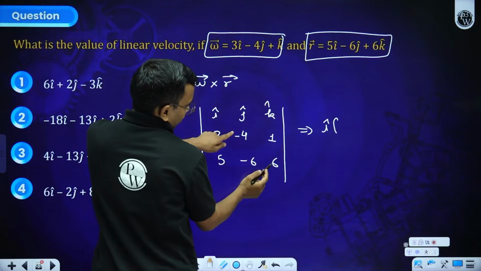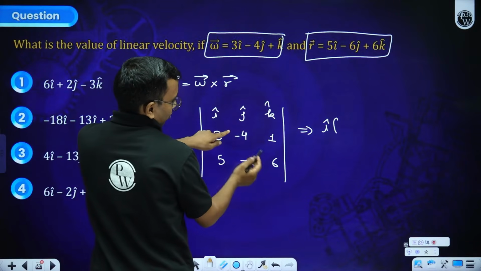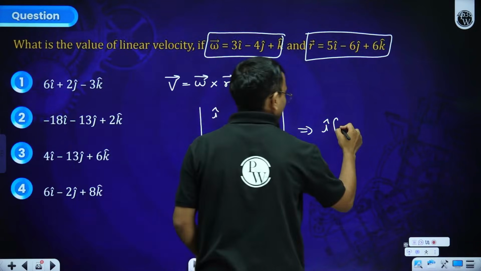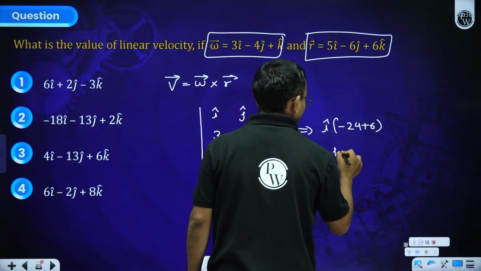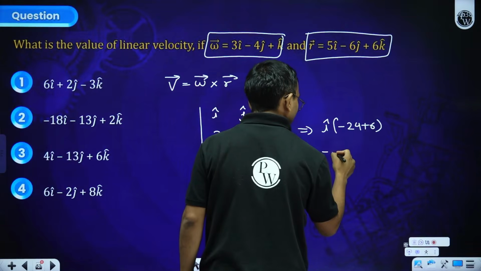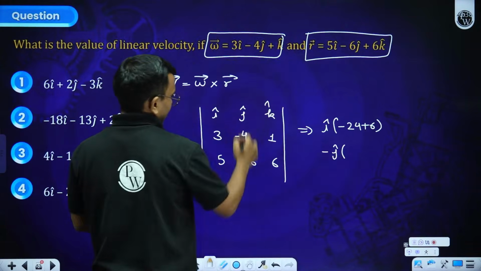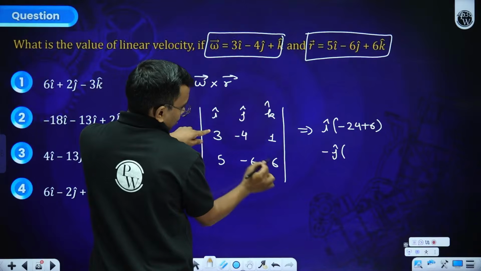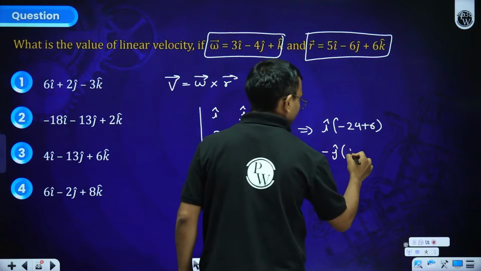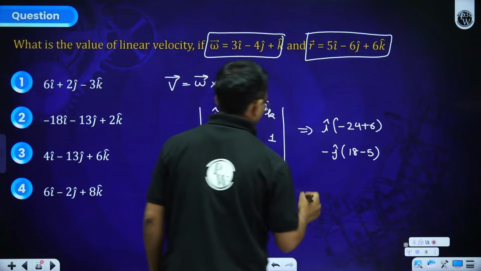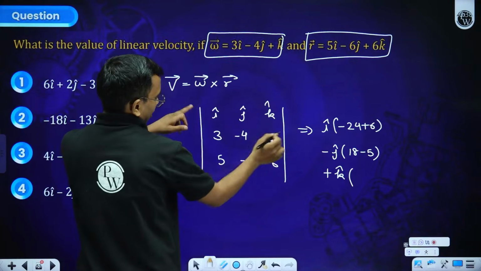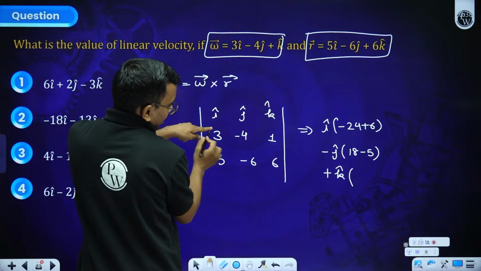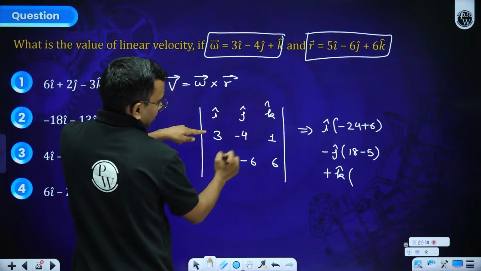For i cap: 6 into 4 minus 4, so minus 24 plus 6. Then minus j cap, 18 minus 5, plus k cap, that will be minus 18 plus 20.